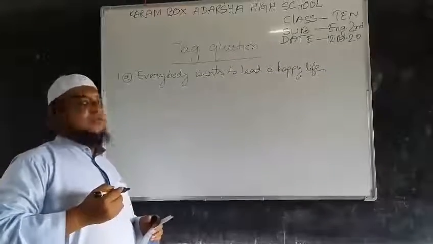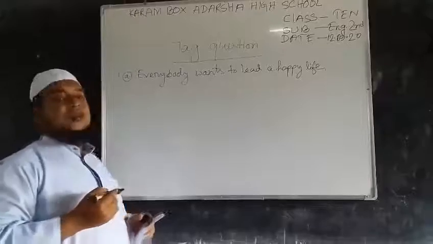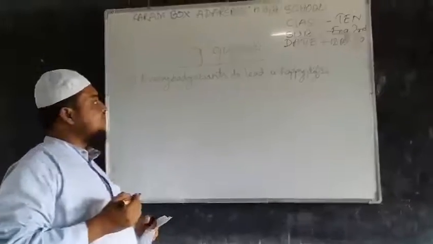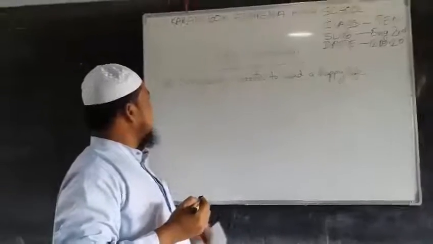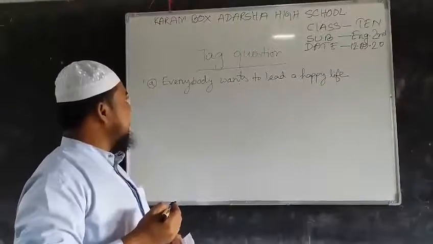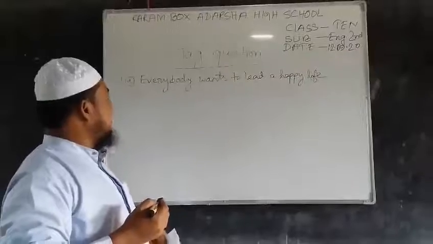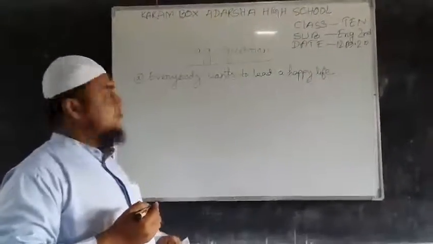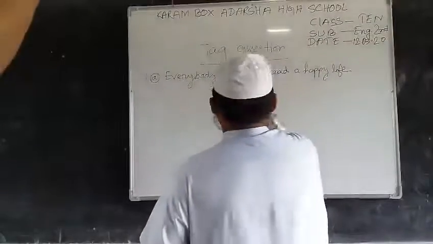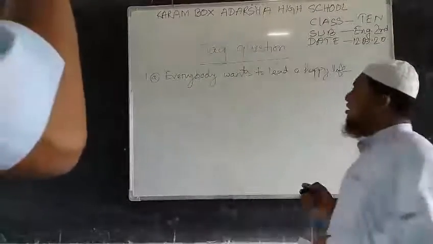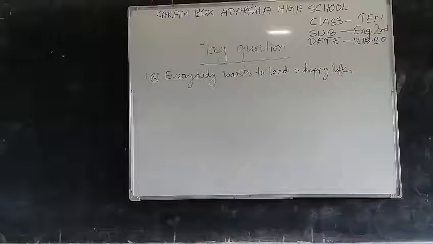Our second activity is auxiliary verb setting. At first we have to see, is there any auxiliary in the sentence. Everybody wants to lead a happy life. We see here there is no auxiliary.